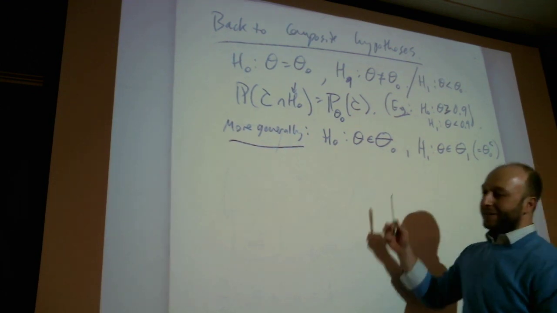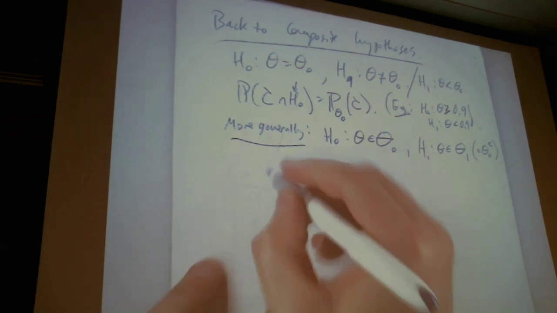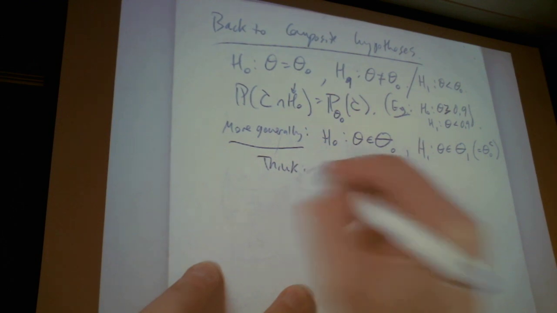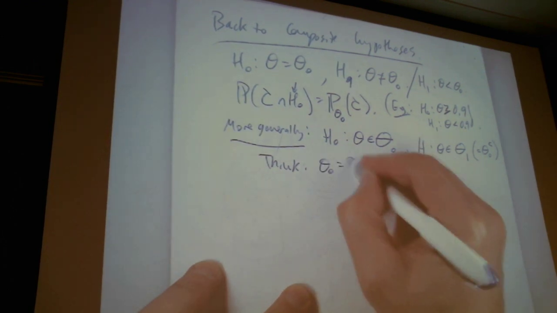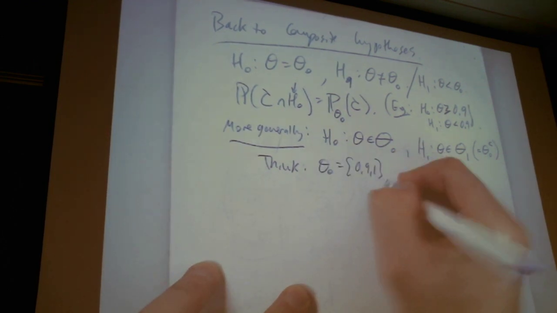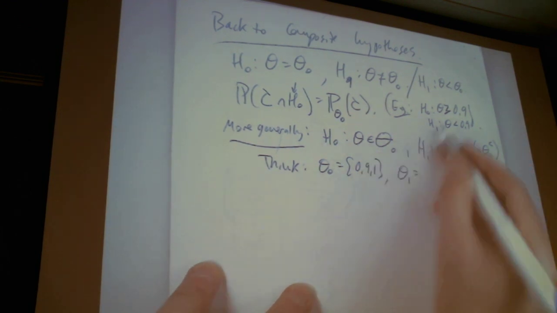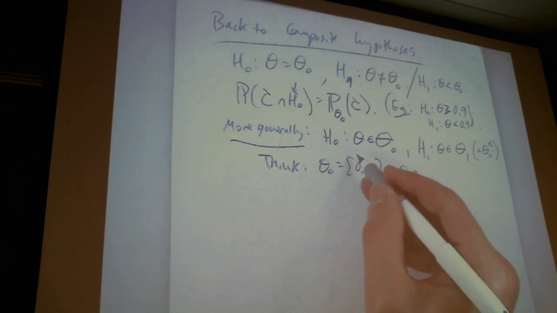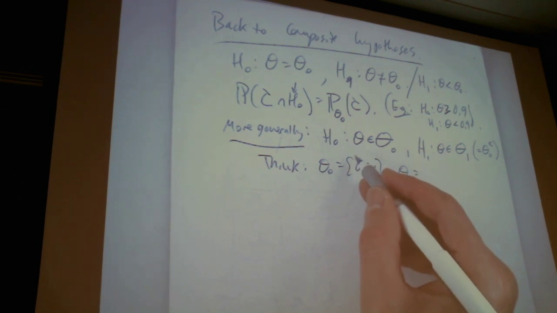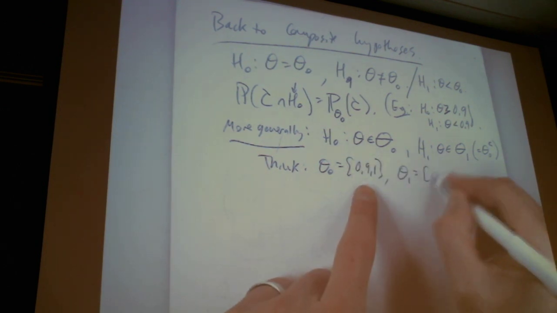So an example is, theta 0 is equal to 0.9 to 1, and theta 1 is the complement, but it only makes sense for a Bernoulli trial for the probability of a head to be between 0 and 1. So the complement of this in 0, 1 is 0 to 0.9.